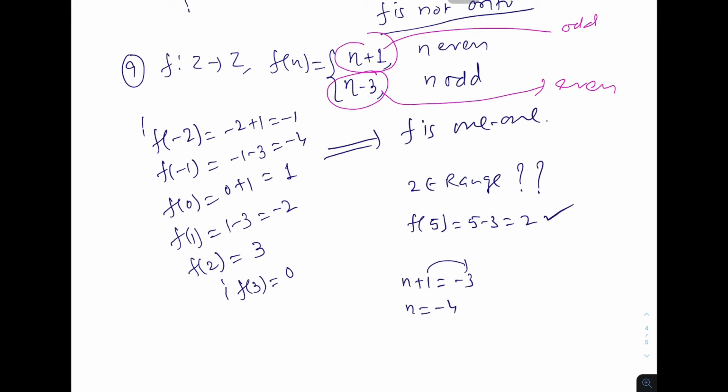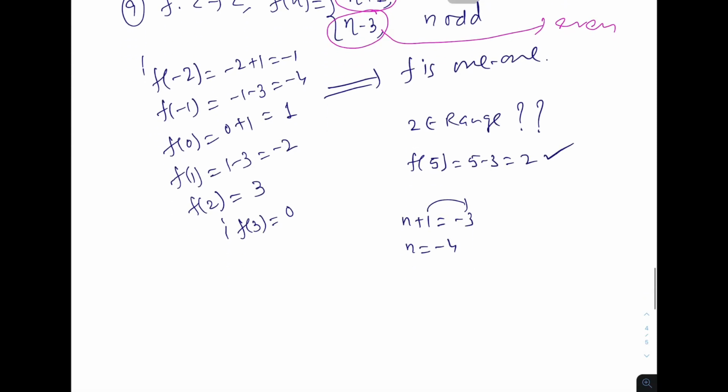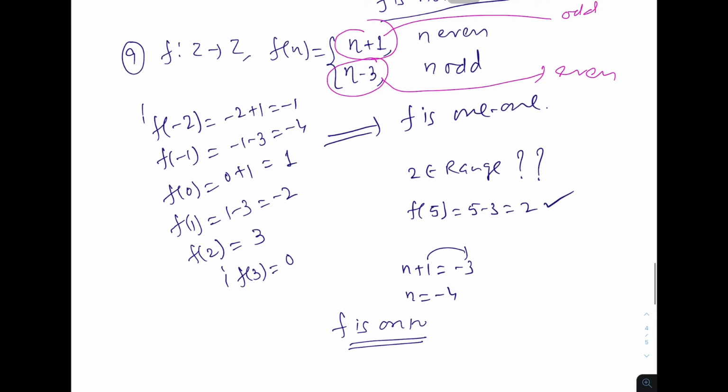If I take minus 4, that image is minus 3. So it seems that onto is also there. Just by trial and error, you can very quickly get the idea that it is one-one as well as onto.